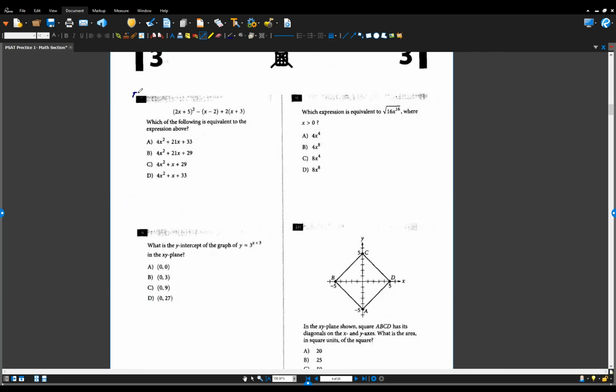All right, try number 7 now. 2x squared minus 5 squared and x minus 2 minus 2x plus 3. Okay, give me the answer.